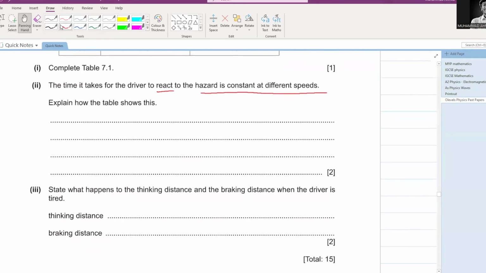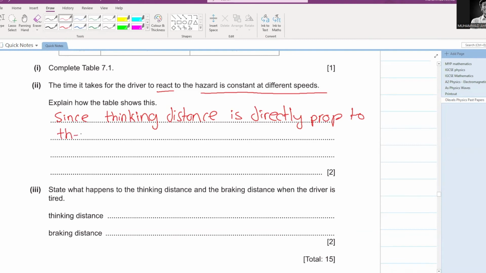You can say, since thinking distance is directly proportional to the speed, the reaction time must be constant.